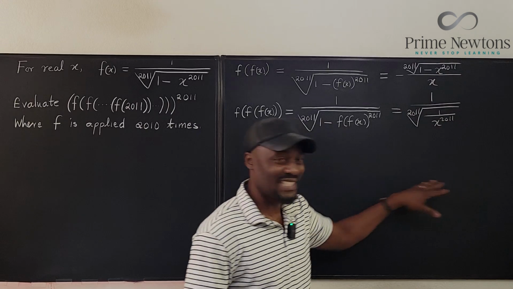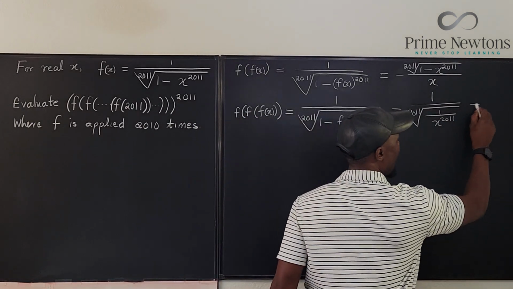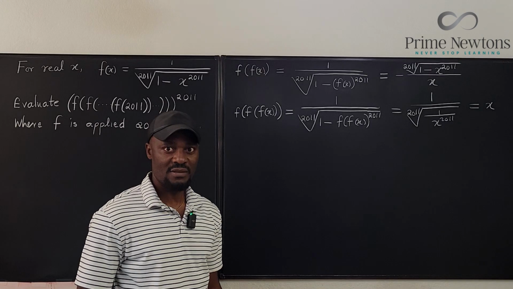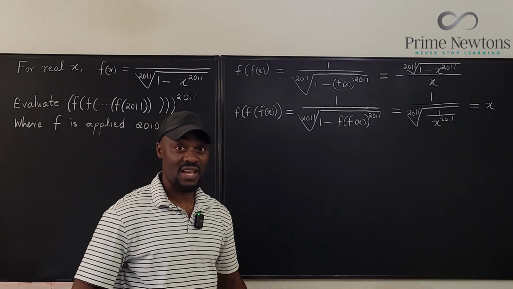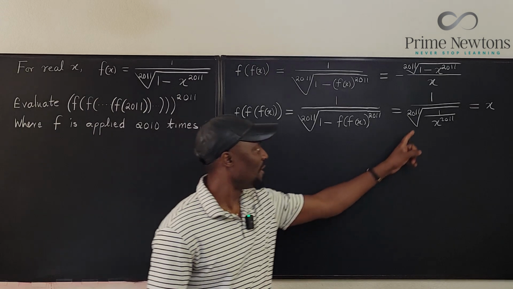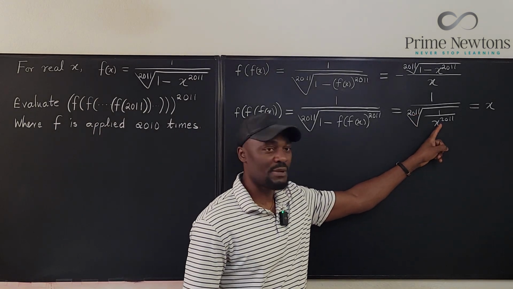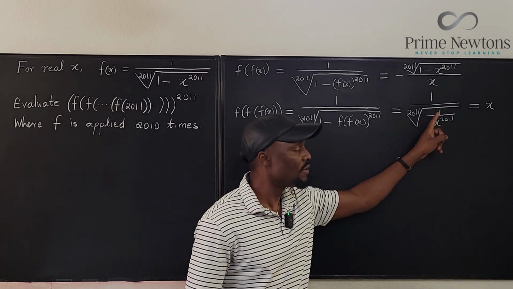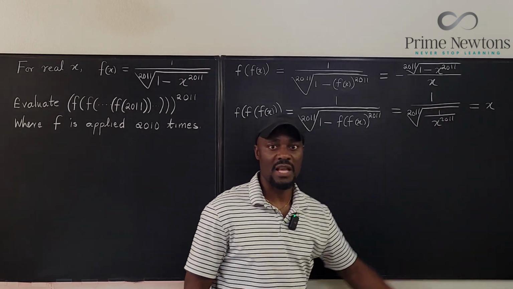So at the end of the day, this entire picture gives you x. If you see it, you got good eyes. If you don't see it, look at it. So this is going to make this become x, and this stays as 1. So 1 over x is going to give you just x.